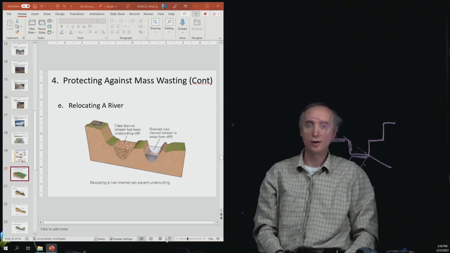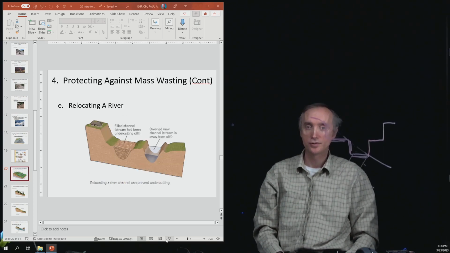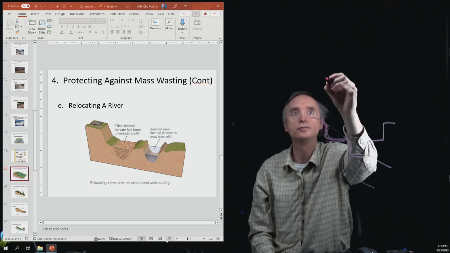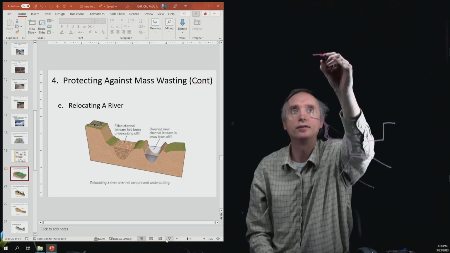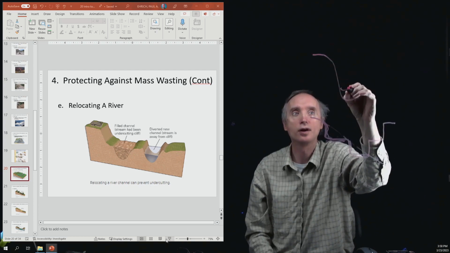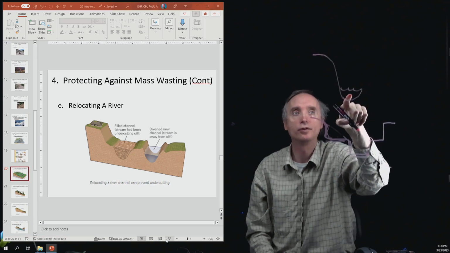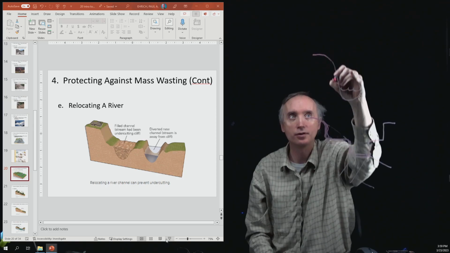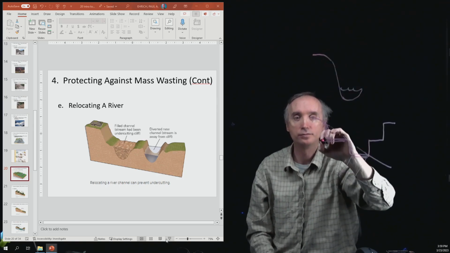Okay, relocating a river. The closer a river is to a cliff, so if you have a cliff like this and then the river is right here, this river is going to be eroding this cliff, and eventually this material is going to fall into it.